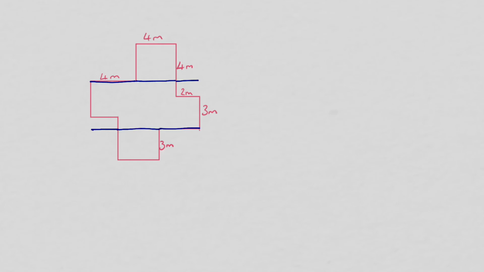Okay, so remember, this bit is 4 metres, that bit is 4 metres, and this bit is 2 metres. So the length of that blue line there is 4 add 4 add 2, so that's 10 metres, which also means that the length of that blue line there must be 10 metres.